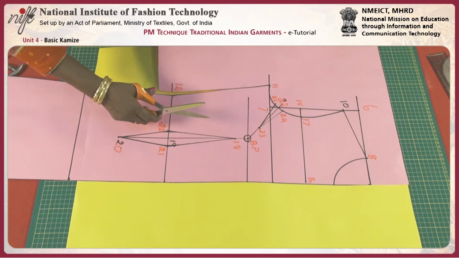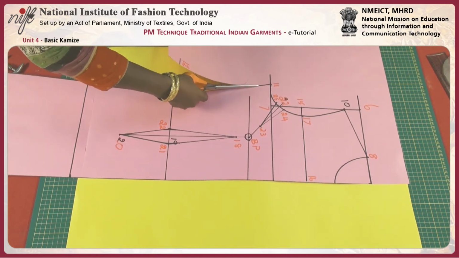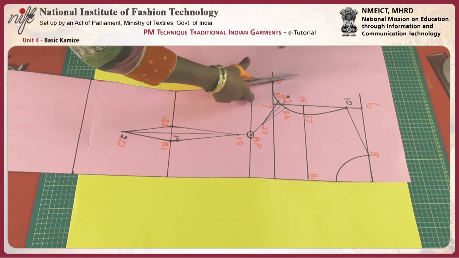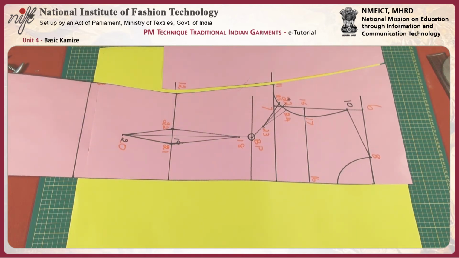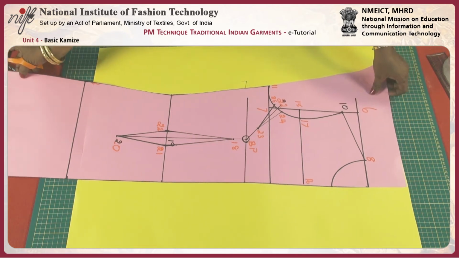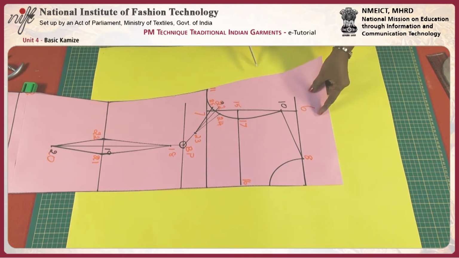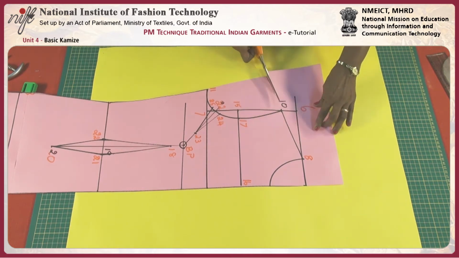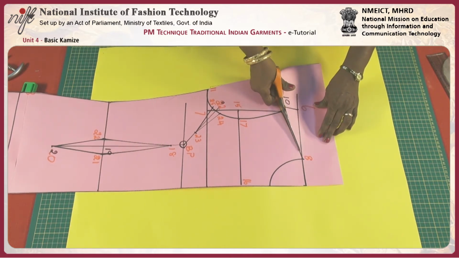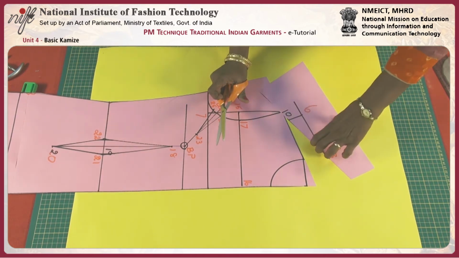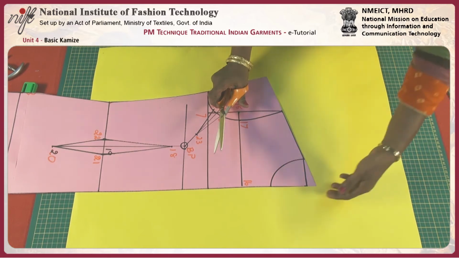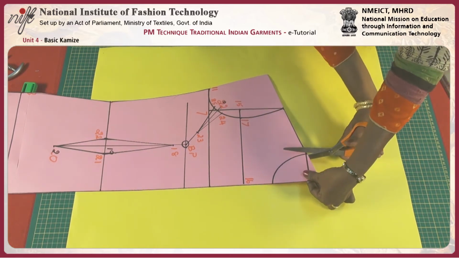And the side seam should also be cut from the bottom to the top. Then cut the shoulder line and the neckline.